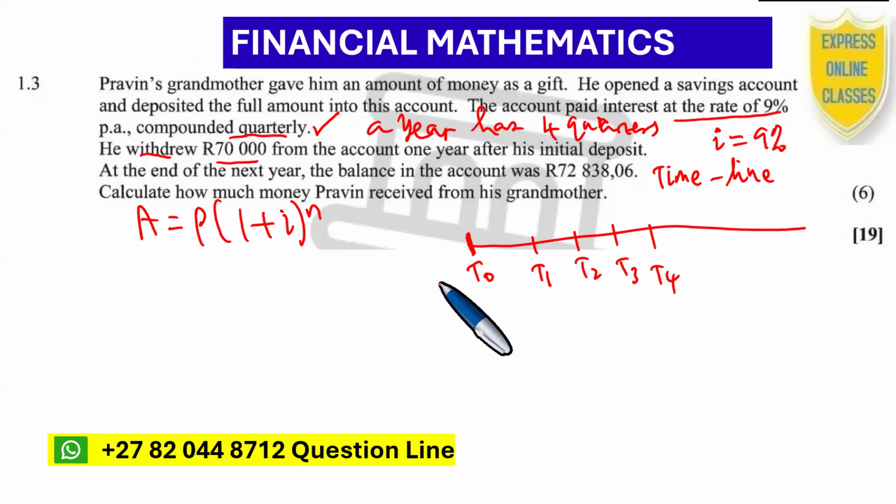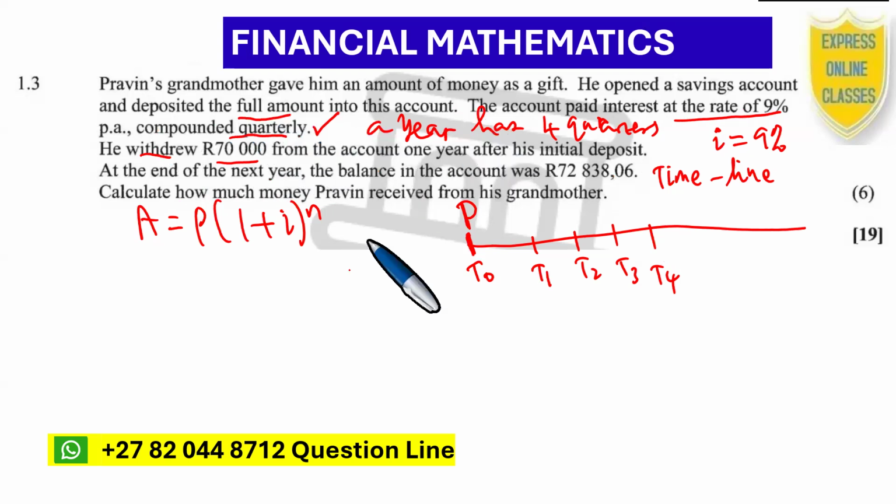What is happening is Previn's grandmother gave him an amount of money as a gift. If the money is given, it's a present value. It's like a loan. They give you P, present value. They give you all the money now. And he opens a savings account and deposits the full amount.